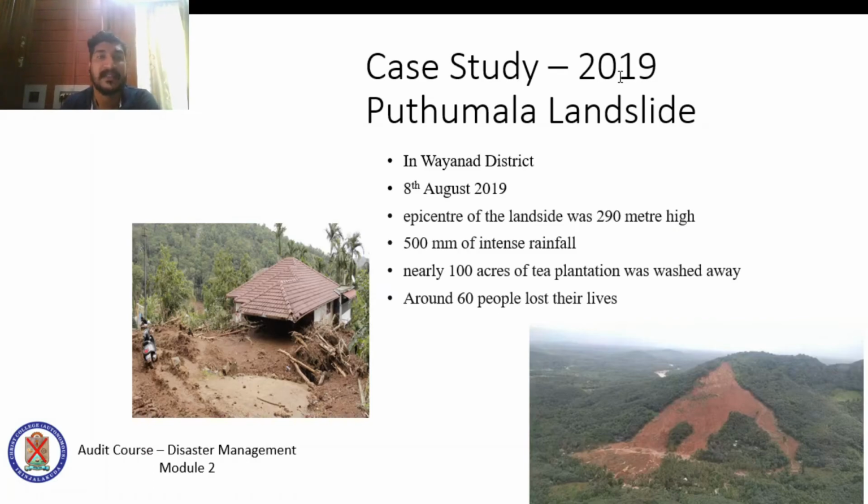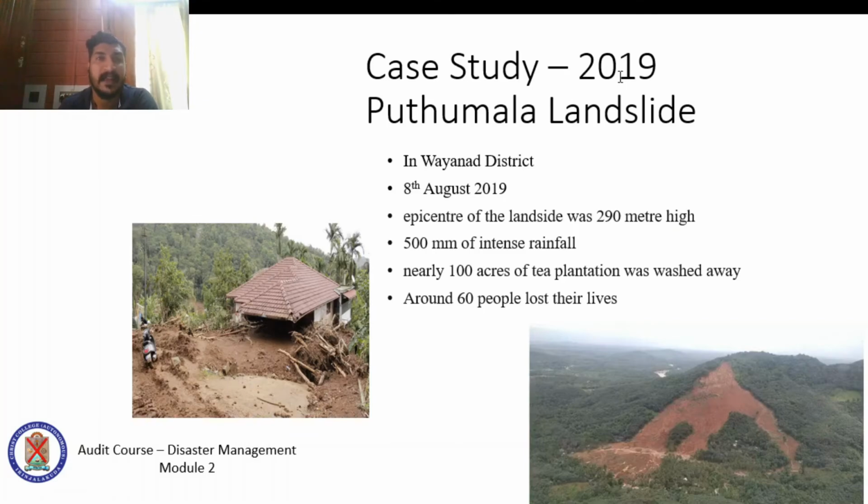The vanishing streamlines due to the construction and occupation, the unscientific construction and the mining of the hills changed the structure of the soil. All these things added to the probability of a landslide.